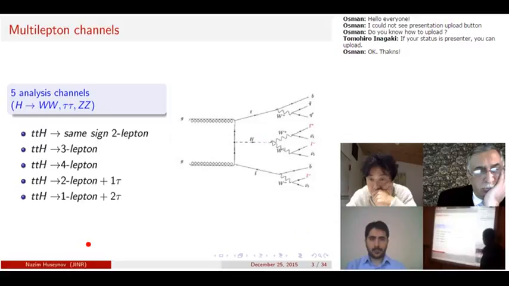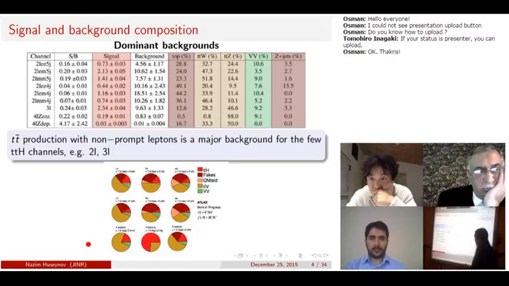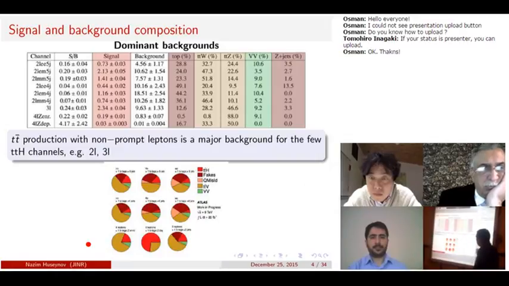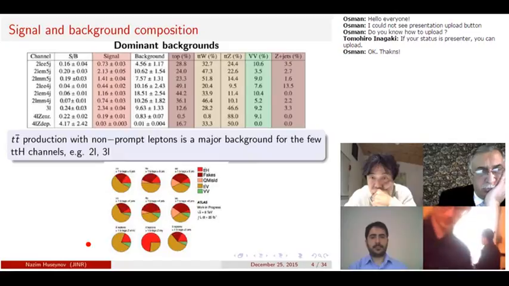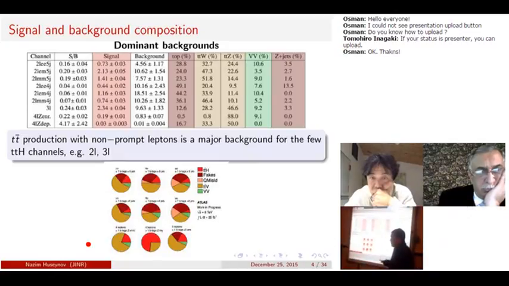A few words about the background. For example, on the table you can see all channels. Same sign means 2 leptons, electron plus 5 jets; 2 leptons, electron muon, opposite sign, plus 5 jets; 2 leptons, muon plus 5 jets; 2 electrons plus 4 jets; and 3 leptons working in this decay and in this mode.